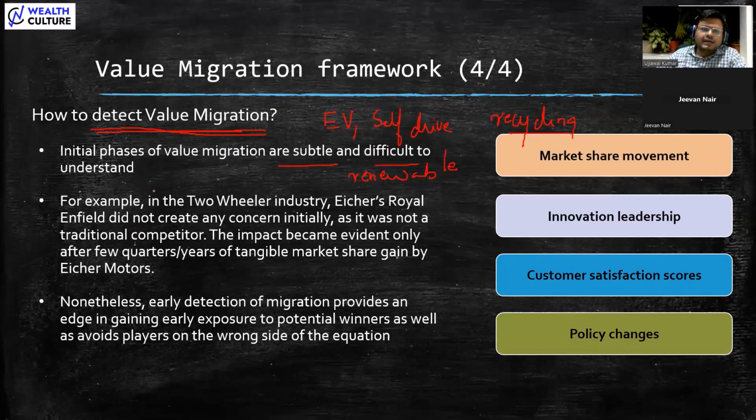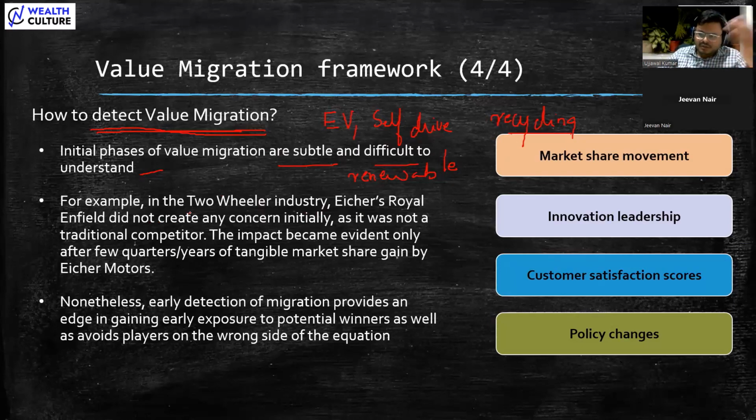I say this because, for example, Kodak management could not see this value migration coming. At some point, they got surprised by how the market reacted because even they didn't preconceive that this value migration was happening, or else they would have solved for it, right? In the two-wheeler industry, for example, Eicher's Royal Enfield did not create any concern initially, as it was not a traditional competitor.